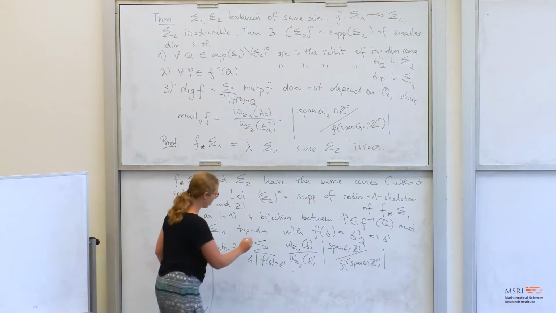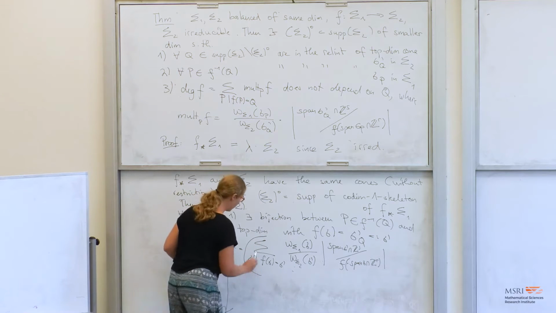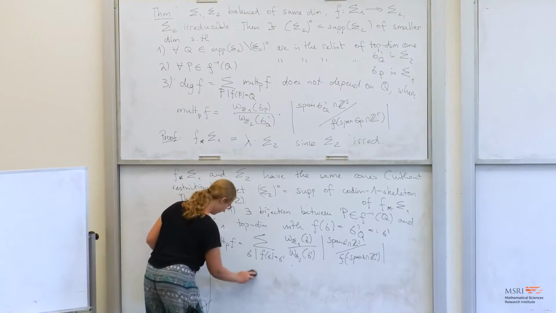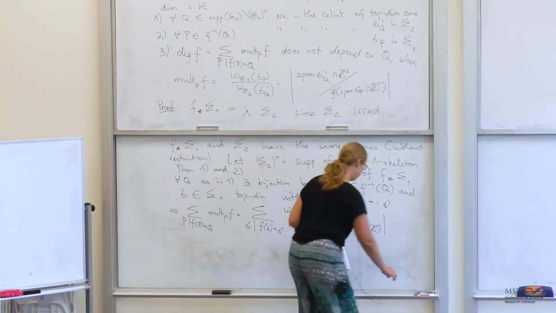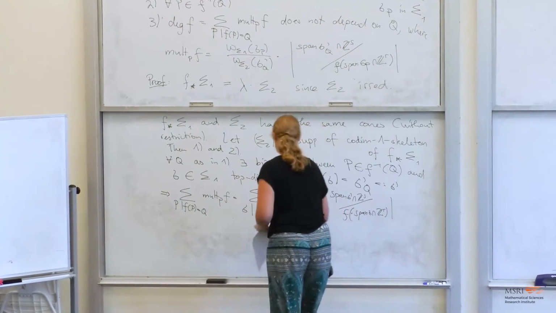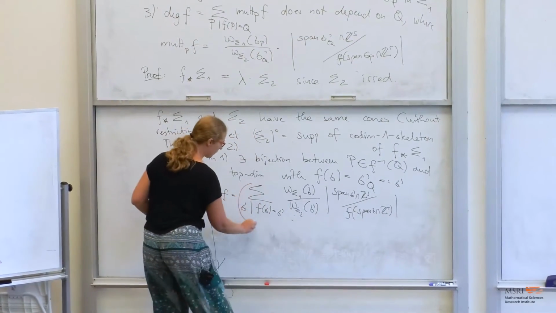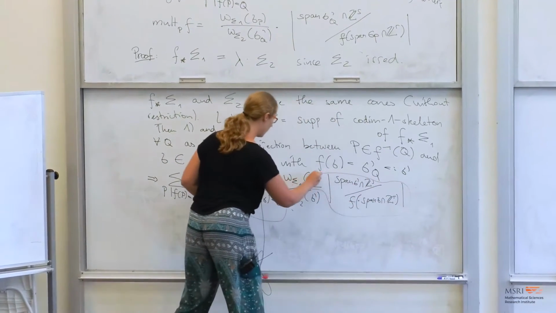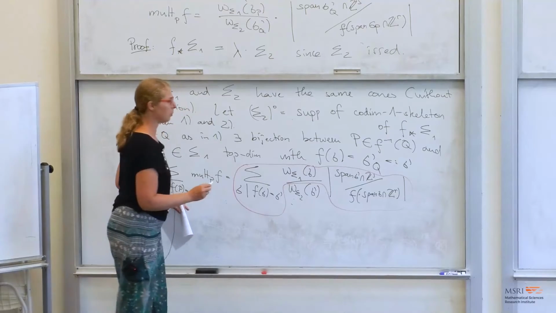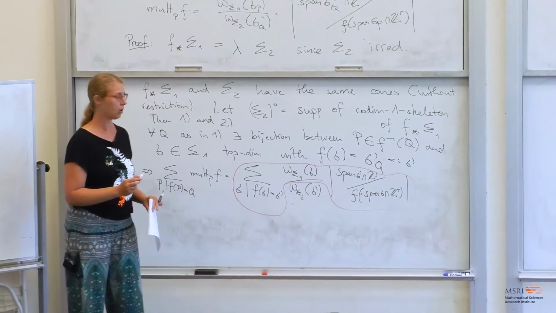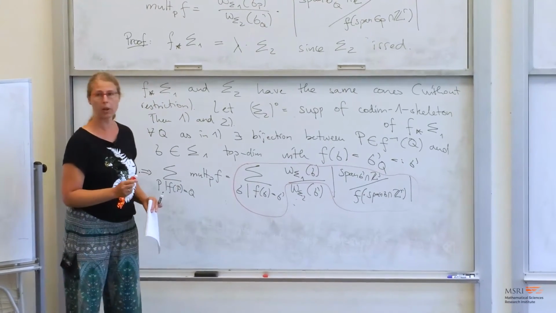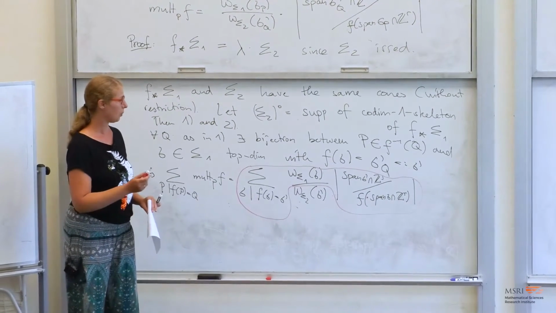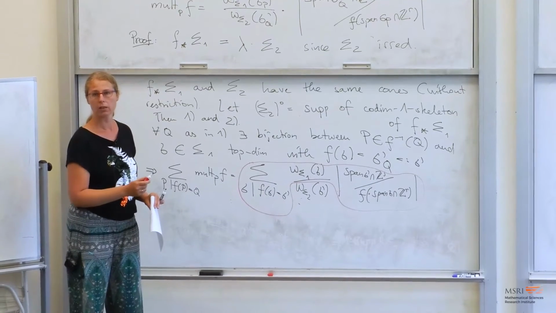Now let's have a look at this. I want you to look at this and tell me whether you saw this expression before. The sum over all sigma that map to a certain cone in my image fan, the weight of these cones, the lattice index.